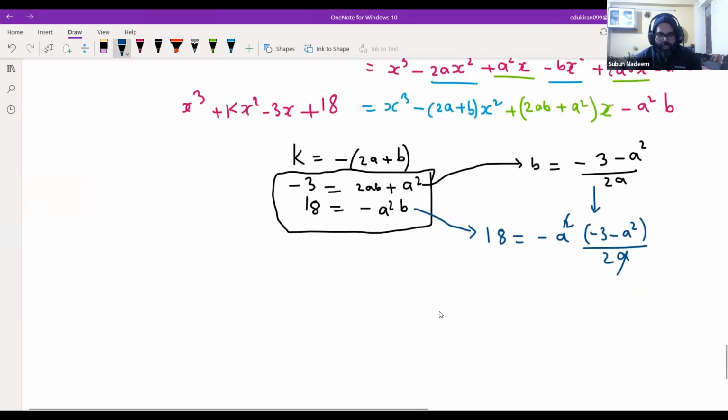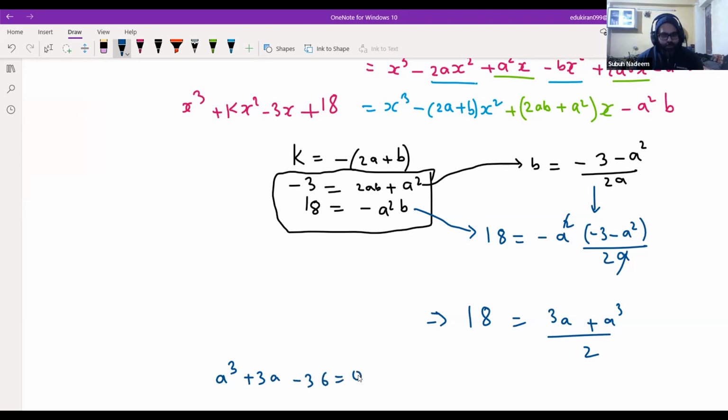And then you say that 18 is equal to, this minus will come common, so it will become 3a plus a cube by 2. So a cube plus 3a by 2. So it will become a cube plus 3a minus 36 equal to 0.